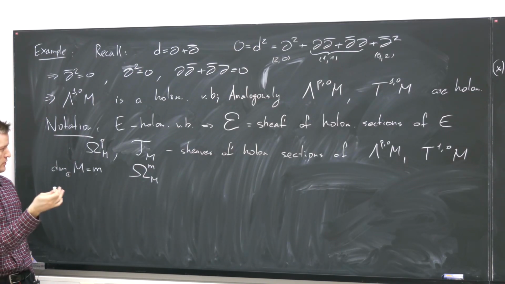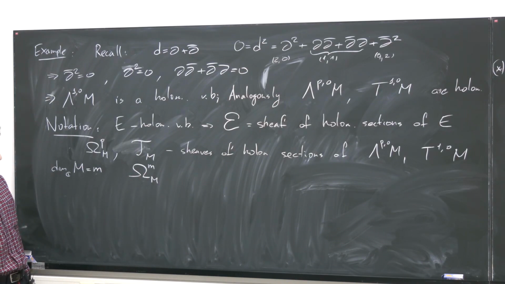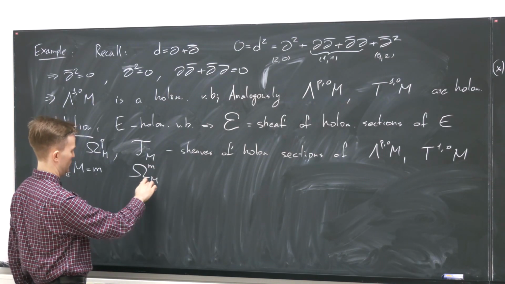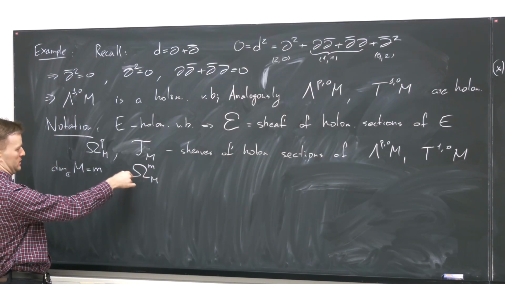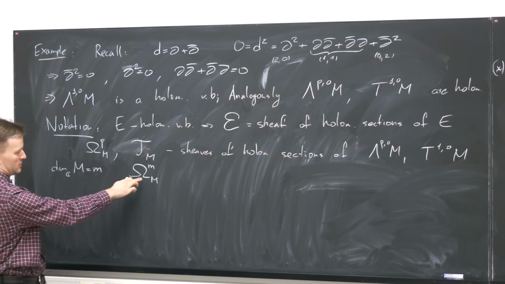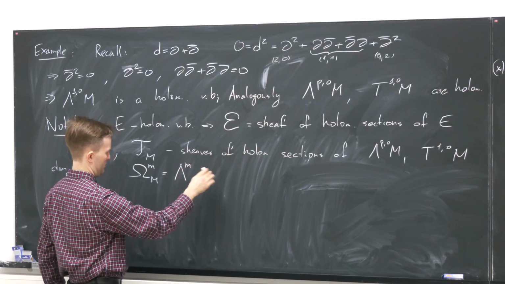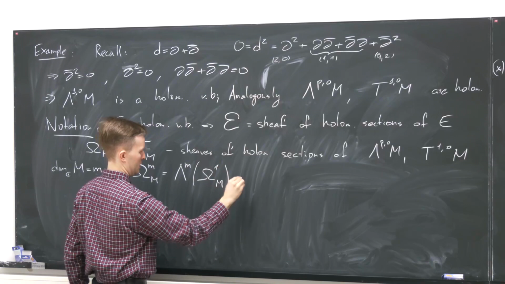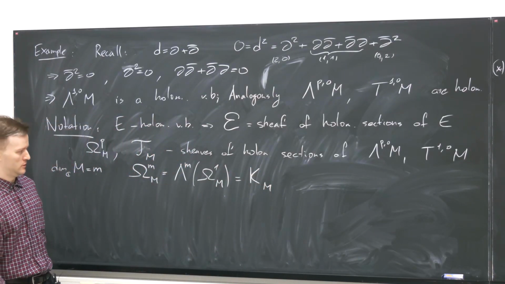Somehow you can always identify a locally free sheaf of O_M modules with holomorphic vector bundles, so I'll talk about these objects as bundles also. This thing is called the canonical bundle, the top exterior power of Omega^1, right? So this is called the canonical bundle and denoted by K_M.